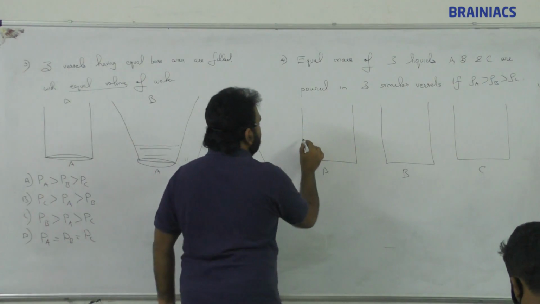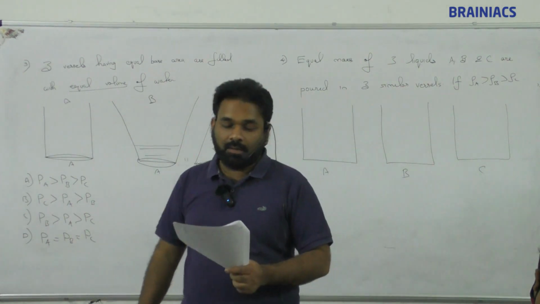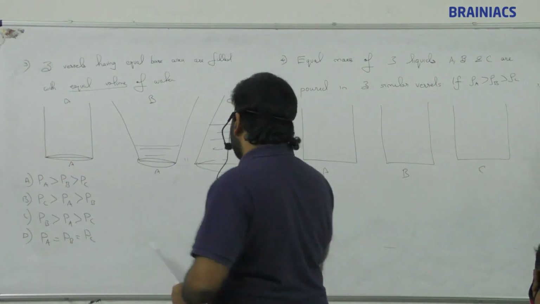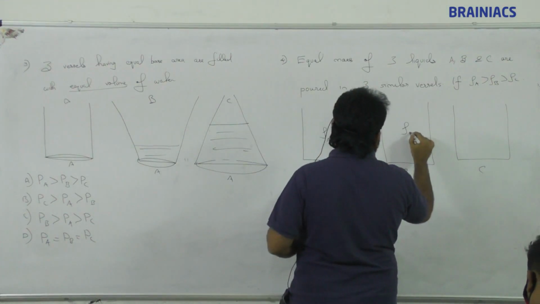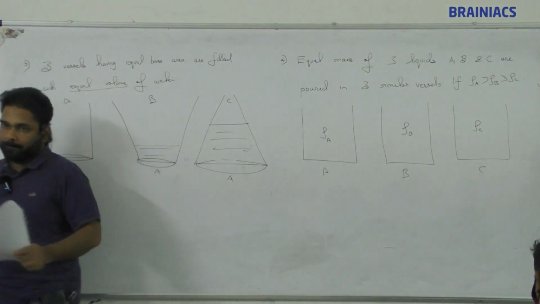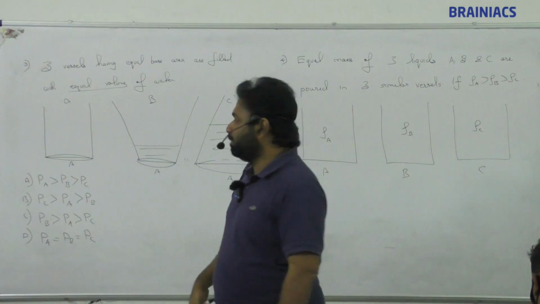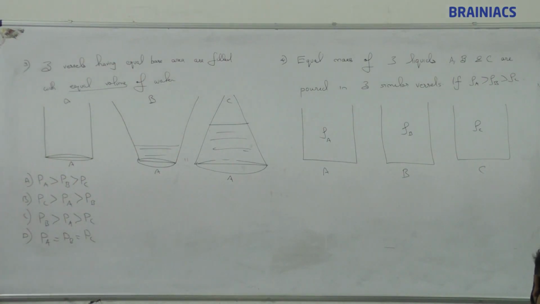If density of A is greater than density of C, then what will be the pressure? Same means D. D is the answer. Any other answer? A. Any other answer?